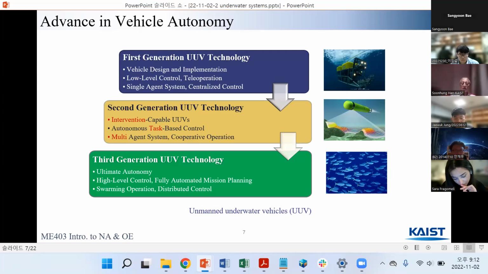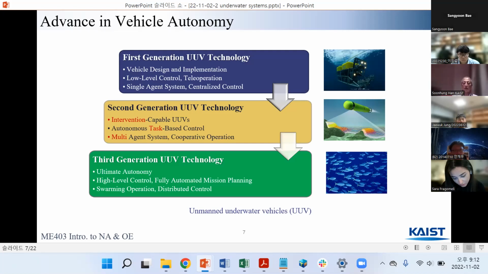And now third generation: autonomy is increased, with high-level control. That means a very top-level mission is given. The small-level control is made by the system itself automatically, and so mission planning is made by the system. And swarming, and then operation, recall, and distributed control.